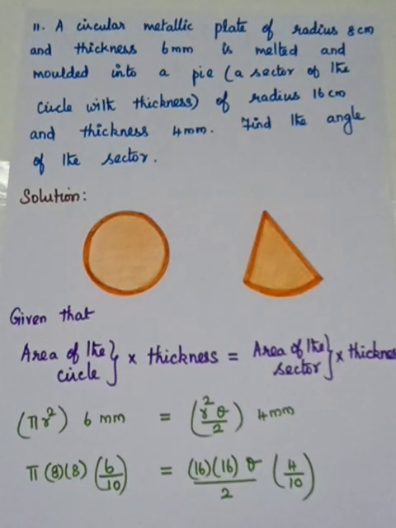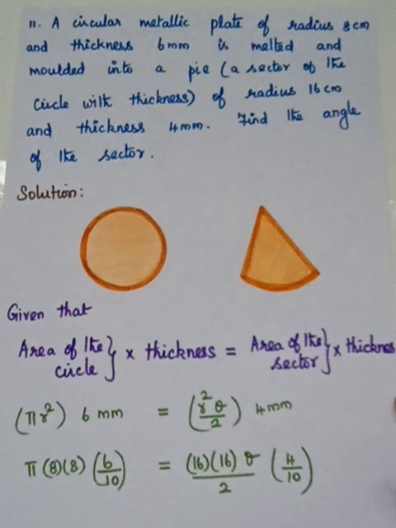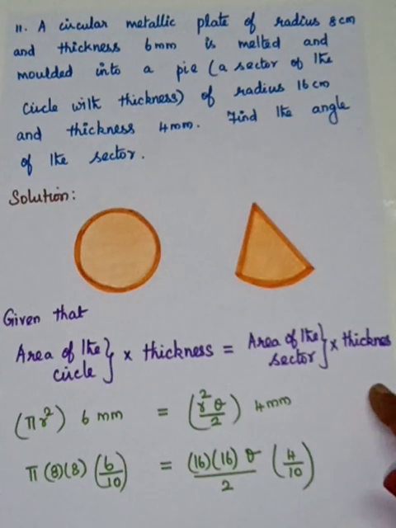Okay, if I come to the problem number 11. A circular metallic plate of radius 8 centimeter and thickness 6 millimeter is melted and molded into a pie. Pie means a sector of the circle with radius 16 centimeter and thickness 4 millimeter.